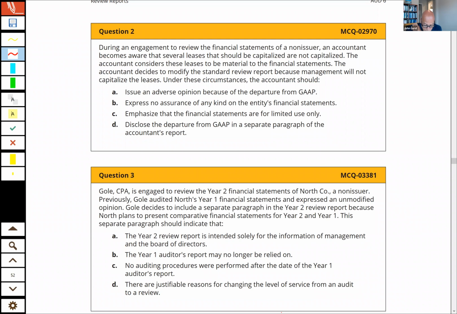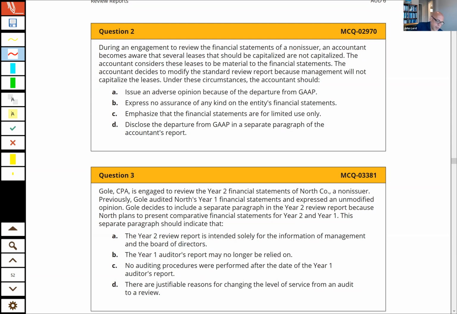Most of us got it right here, 83% of us, but let's just take a second to look at this one, okay? During an engagement to review the financial statements of a non-issuer, an accountant became aware that several leases that should be capitalized are not capitalized, so they didn't follow GAAP, right? The accountant considers these leases to be material to the financial statements. The accountant decides to modify the standard review report because management will not capitalize the leases. Under these circumstances, the accountant should.